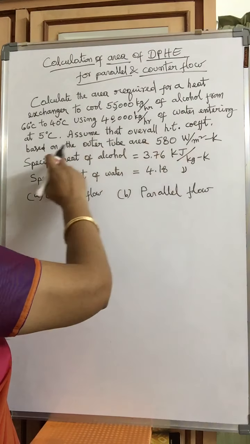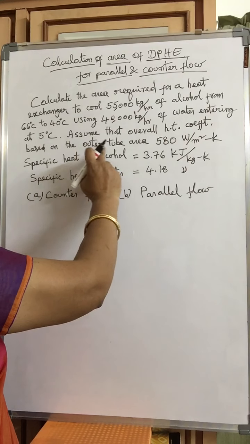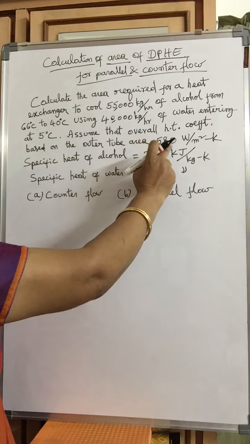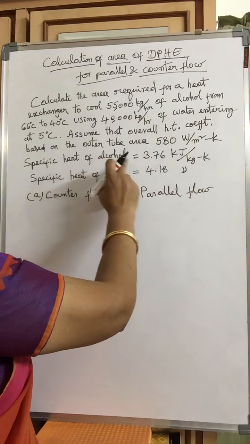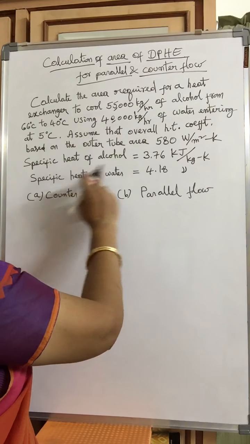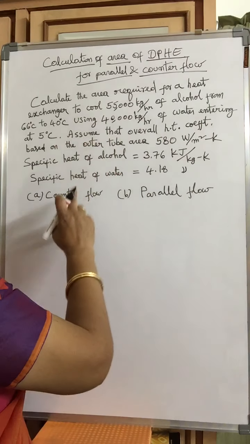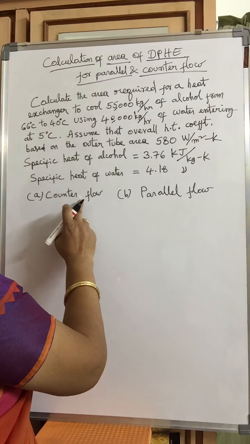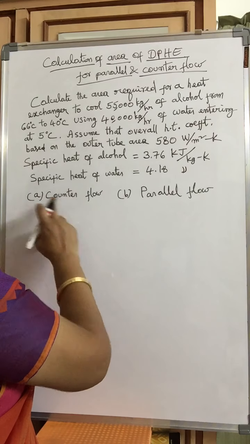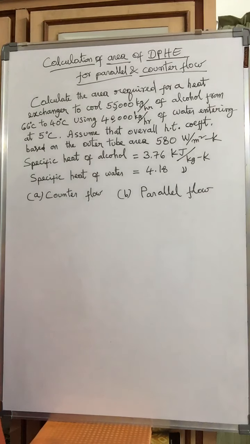Assume that the overall heat transfer coefficient based on outer tube area, that is U naught, is given. Specific heat of alcohol is given. Specific heat of water is given. You need to calculate the area of the exchanger in case of counter flow and also in case of parallel flow.